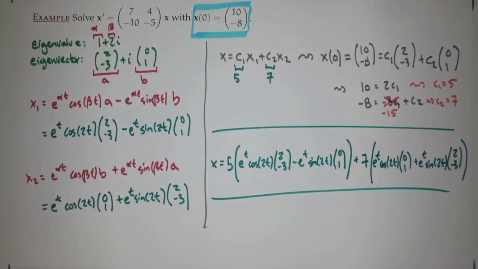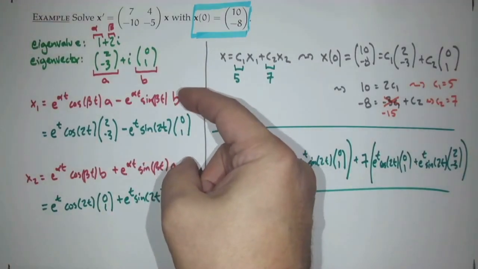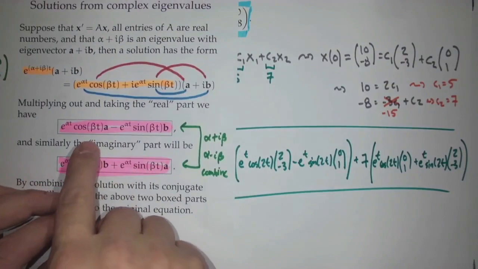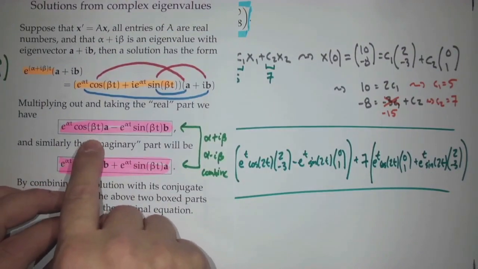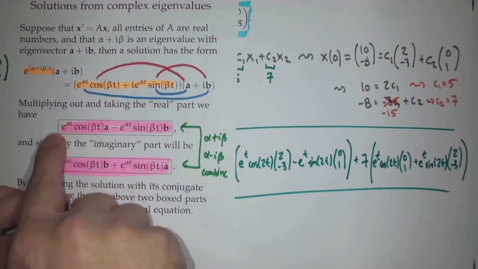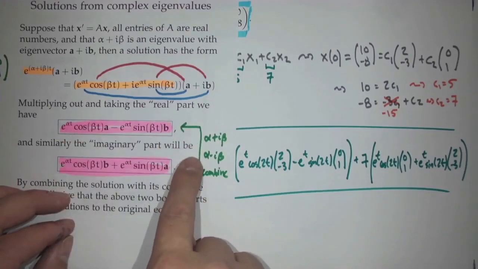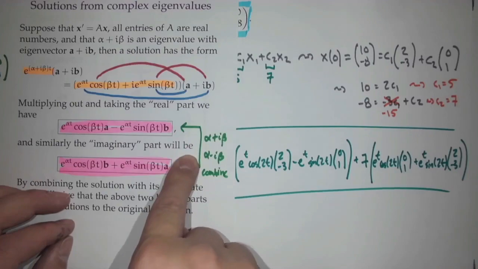There's a question. Where do the conjugates come in with this? Do they have to do the same thing? So the question is, where do the conjugates come into play? And the answer is the conjugates are in play once you write things in this format. So if I only have alpha plus i beta, I can't get this as a solution. This is only a solution when I combine alpha plus i beta and alpha minus i beta.